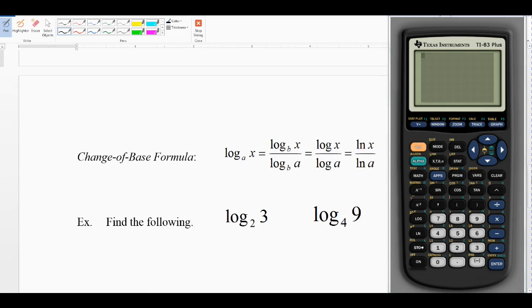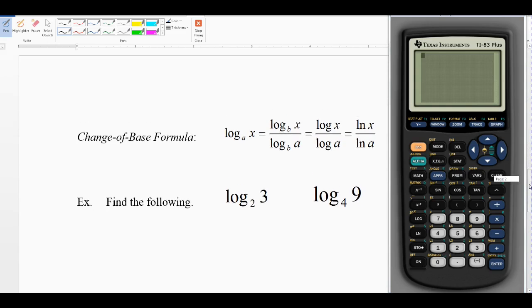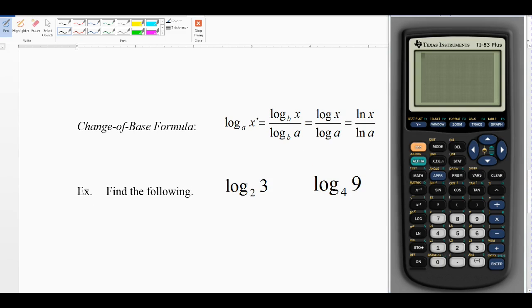Now, last thing we want to look at is called the change of base. This is once again for your calculator. A is the base. Now, for this first part, I have base B. We can use any number we want for the base when we convert it over to the change of base formula. But what you want to use is either common log or natural log because those are both on your calculator.